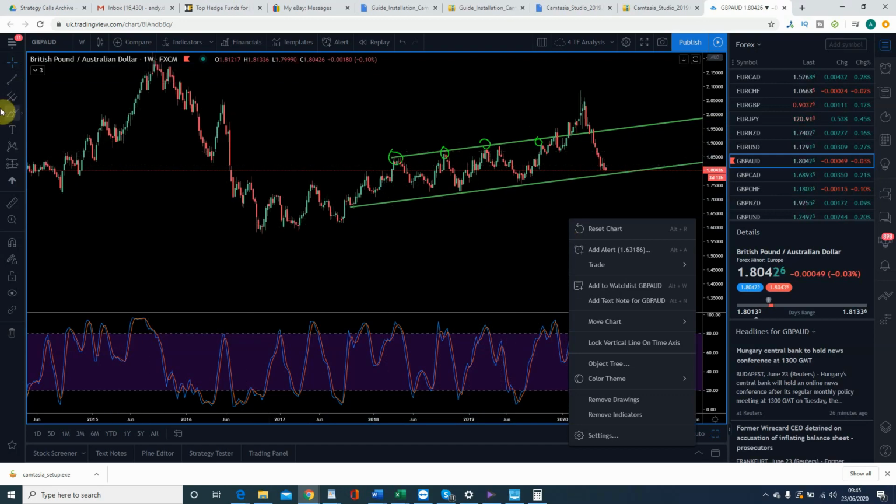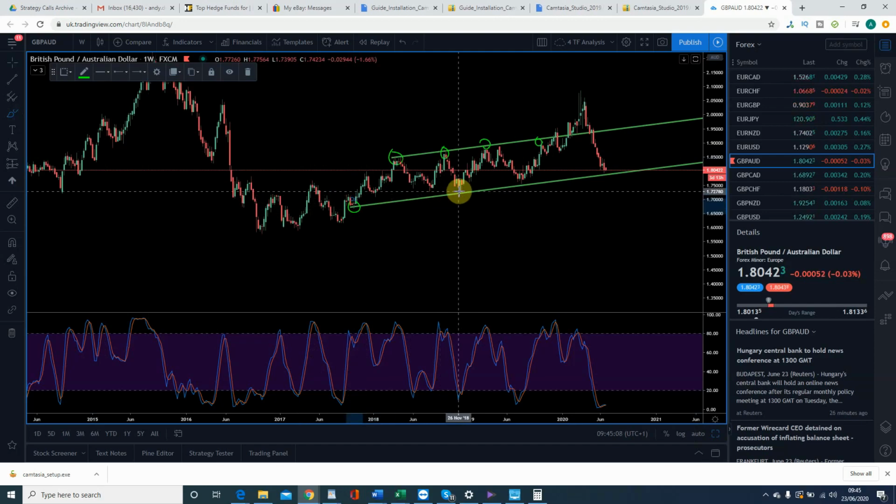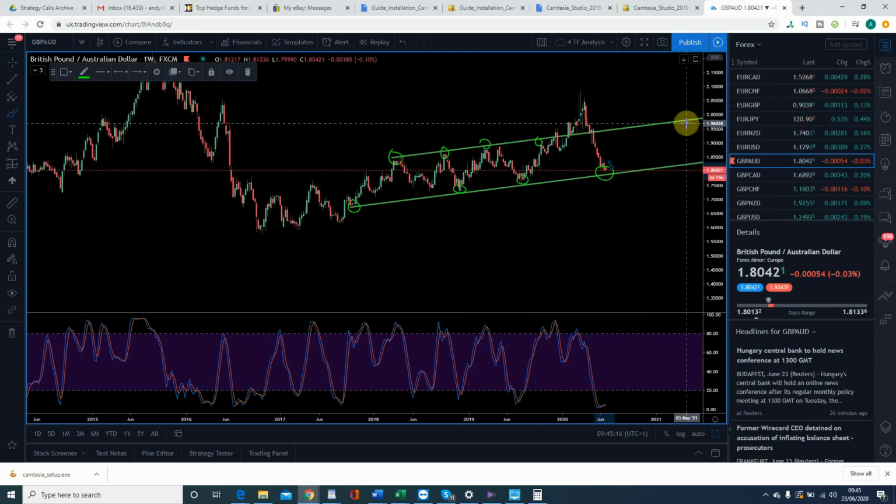And there you have it. You have some support on this zone, and we are approaching that kind of zone right now.